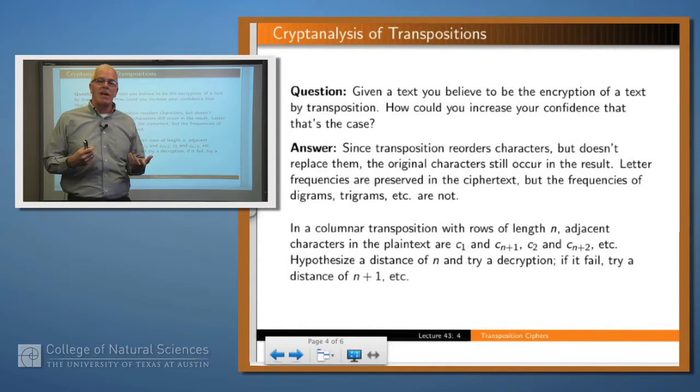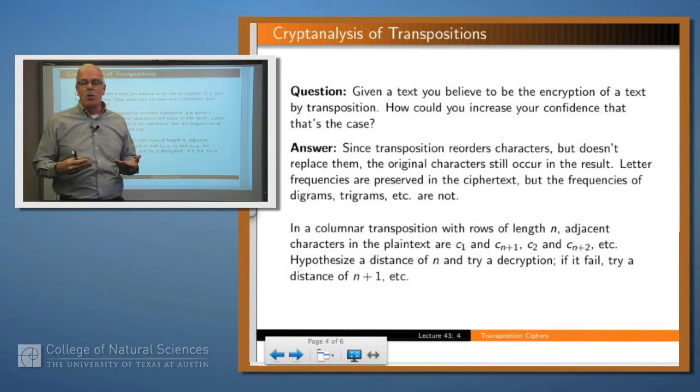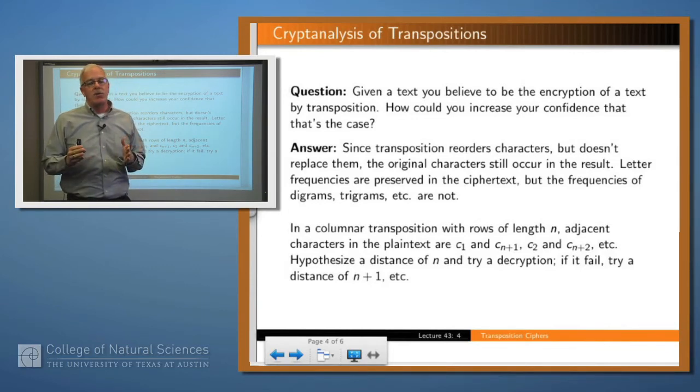And so however many A's there were in the original text, there's that many A's in the new text, and so on, right? And so if you did a character count on the text, you would expect the frequency of characters in that text, say if it were English, to be approximately the same as the frequencies of letters in English in general, right? And so if you did that kind of a test, you could gain higher assurance that probably it is a transposition.